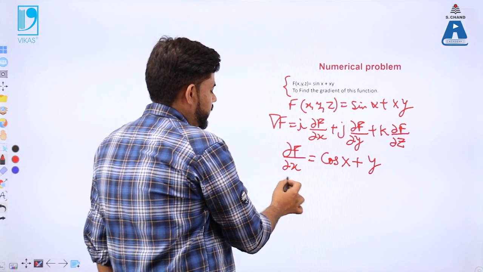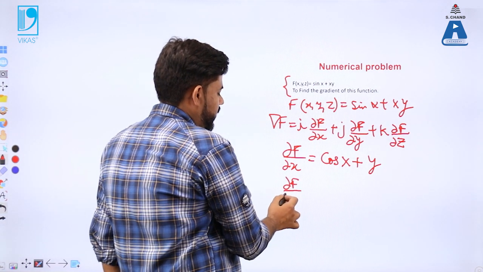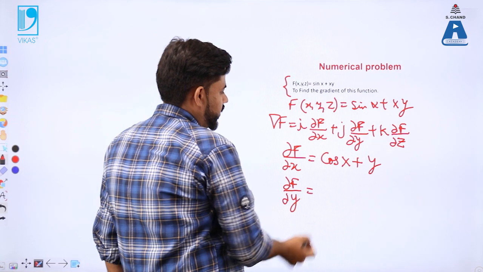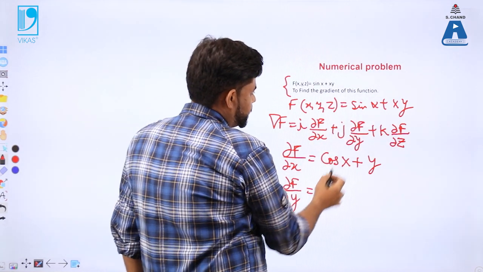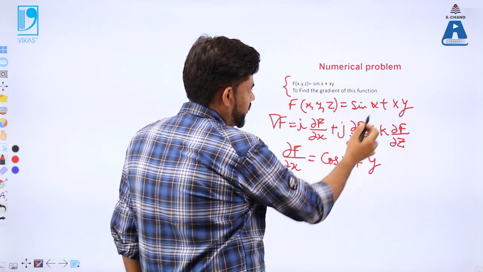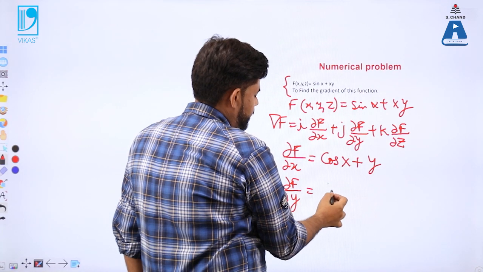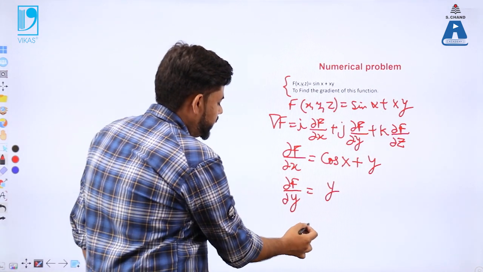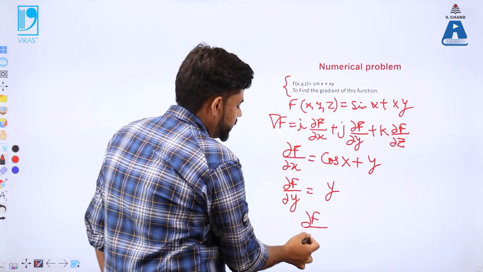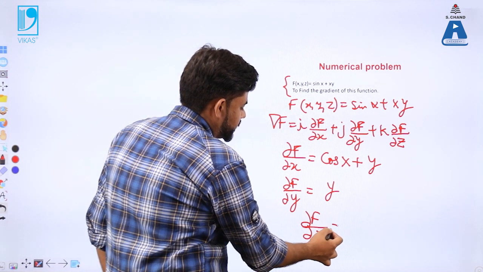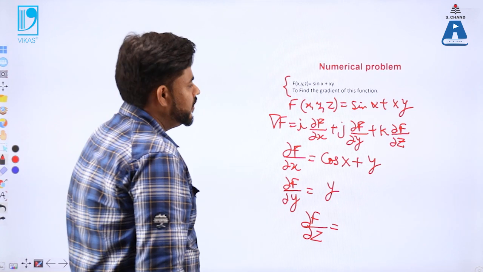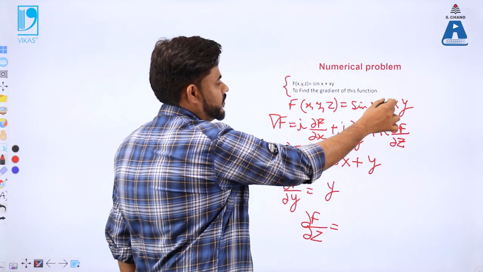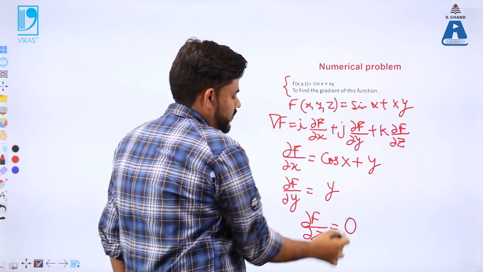Then I have the derivative of this function with respect to y, df by dy. The derivative of sin x is 0 and xy has a derivative y because the derivative of x is 1. Then the derivative with respect to z: sin x has a derivative which is 0 and xy has a derivative which is also 0.